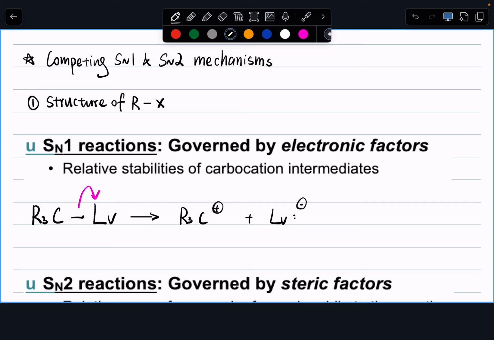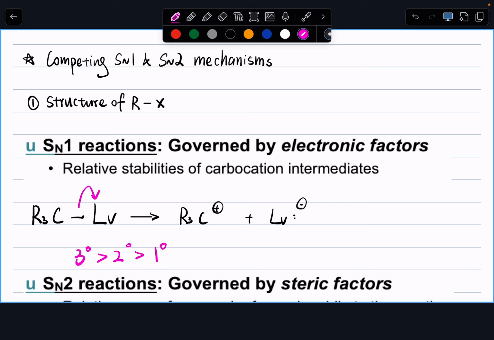Remember when we were talking about the acid-catalyzed hydration of alkene, whenever we're forming a free carbocation, we have two pieces of information. First, the tertiary carbocation is more stable than secondary, than primary.